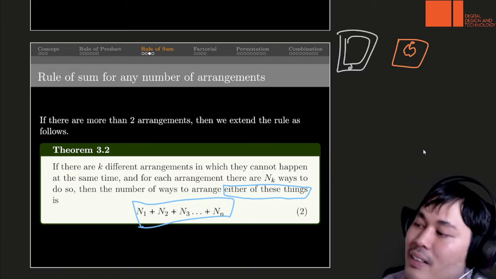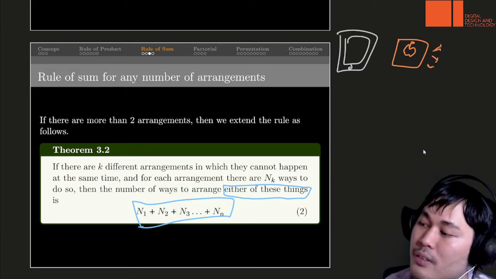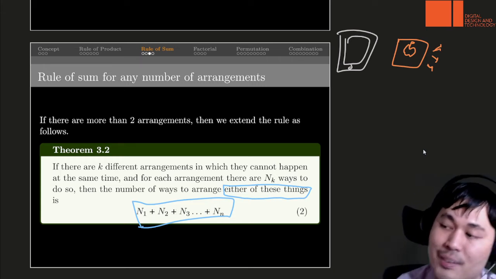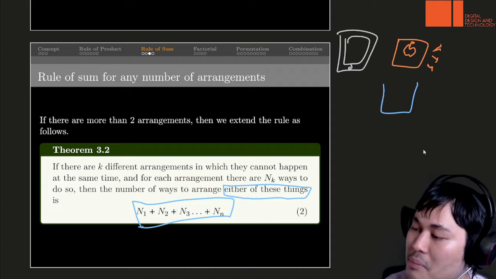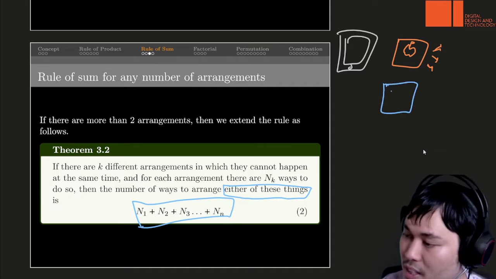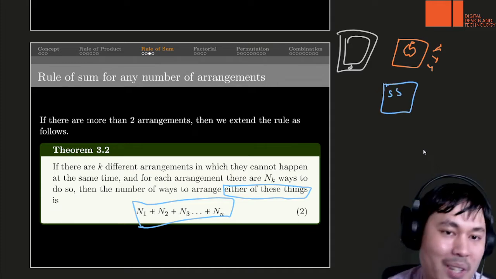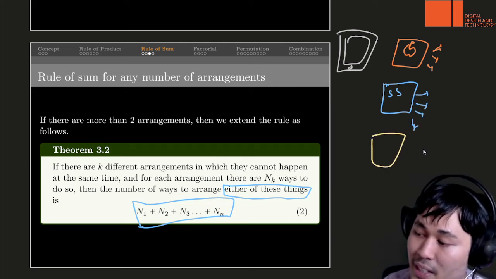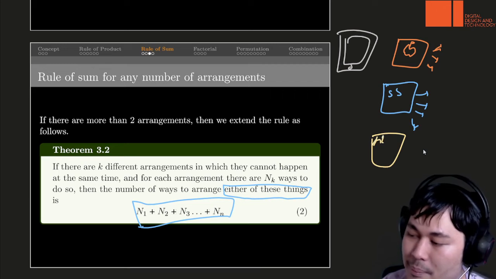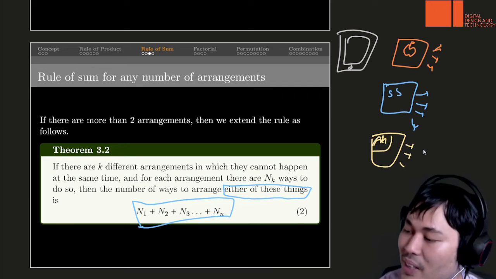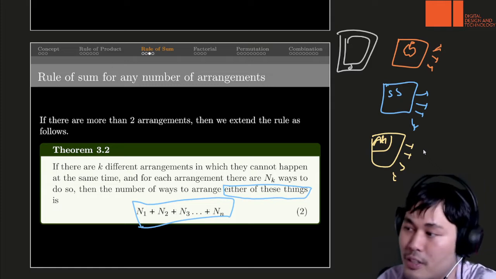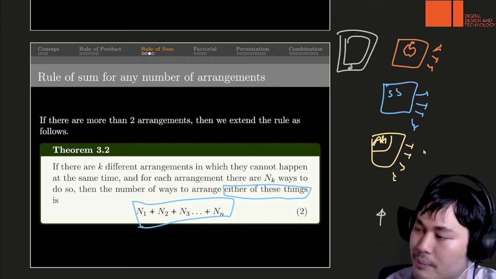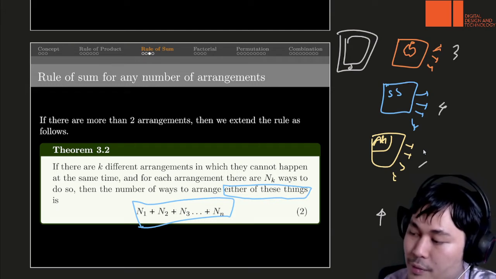Maybe the first company has three options, maybe 3 different products or the same product in 3 different colors. Maybe the second one gives you 4 options. And maybe the last one gives you 4 options to choose from. If you want to pick a single phone or a single tablet, then how many options do you have?